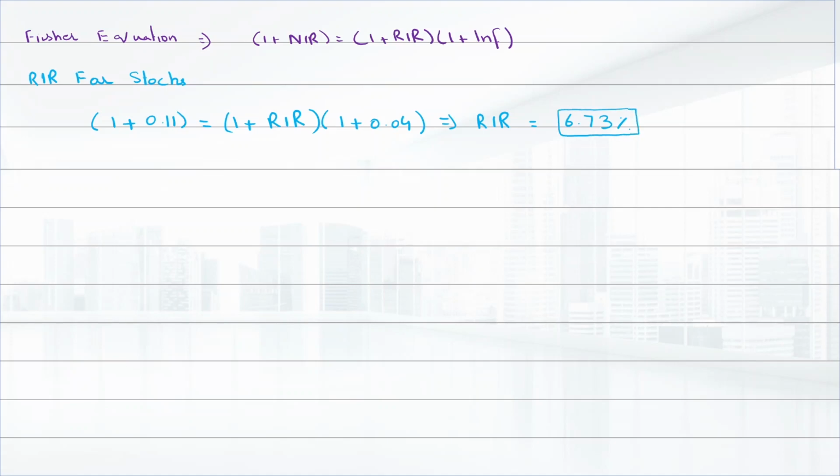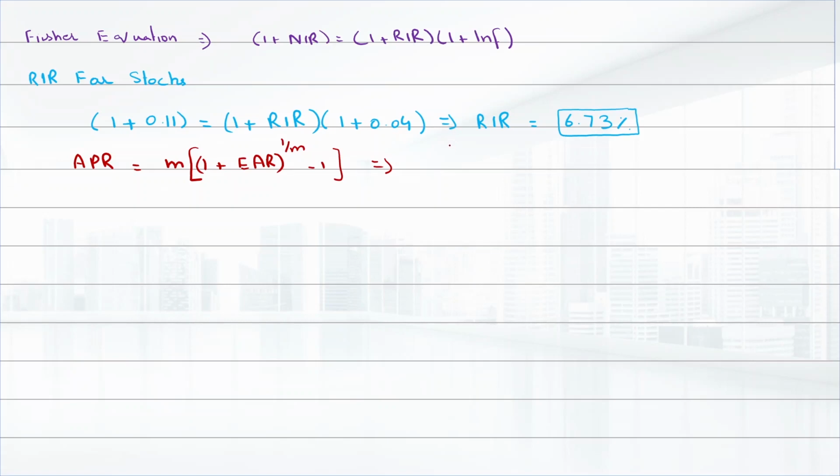This is actually the effective annual rate, and by using this effective annual rate, we will find the APR. The APR is equal to M times (1 plus EAR) raised to the power 1 by M, minus 1.